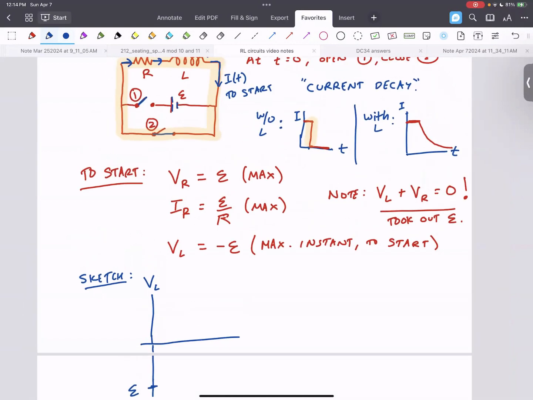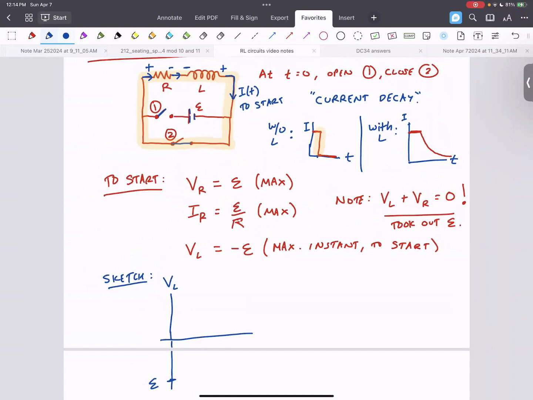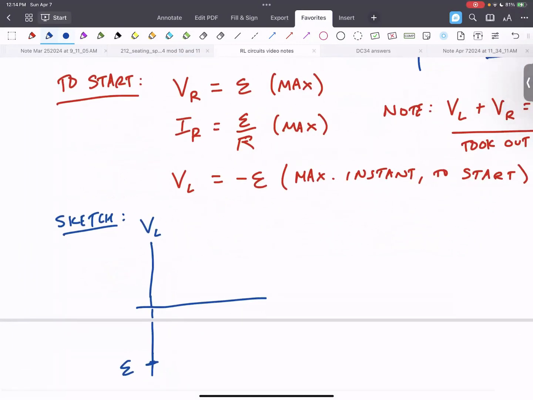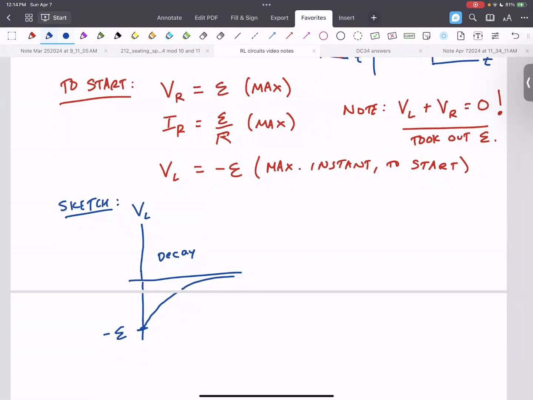I put it in the circuit and I took out the source of EMF. The current's not going to flow forever. There is going to be your energy dissipated through that resistor, but the inductor is just going to fight that change. So instead of it happening instantaneously, it is going to decay. So this is still a decay term, but again, it's down at negative epsilon naught to start.